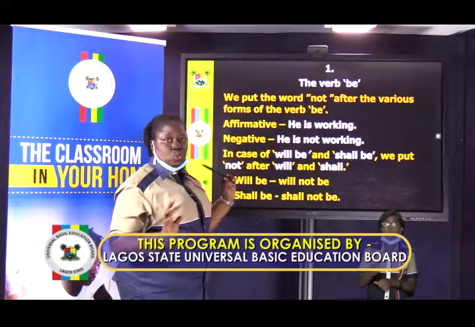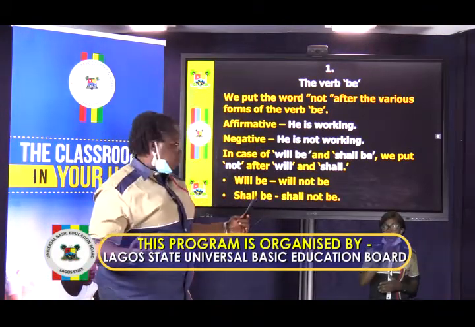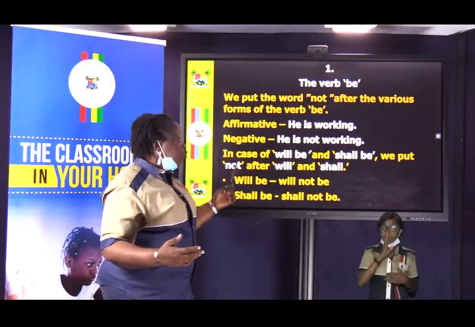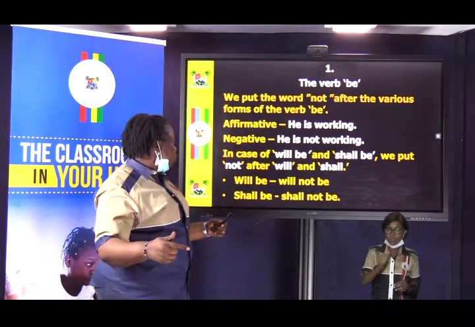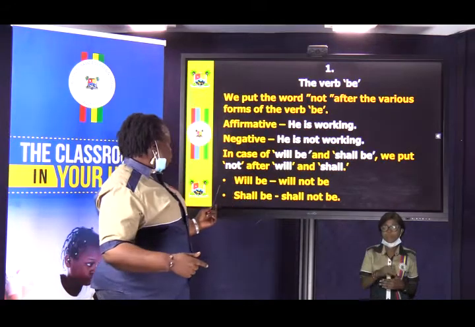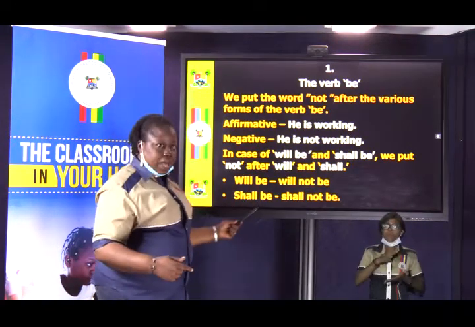In the case of sentences that have will be or shall be, you have to put the not after will and shall. Will be will now become will not be. Shall be will become shall not be. Are we together?